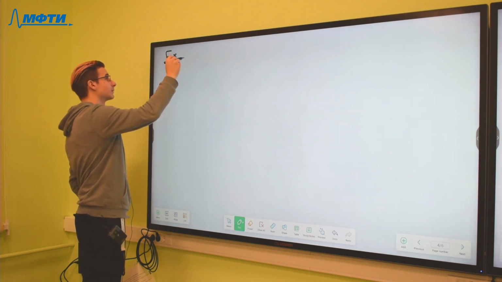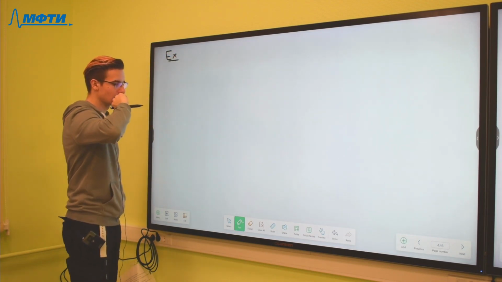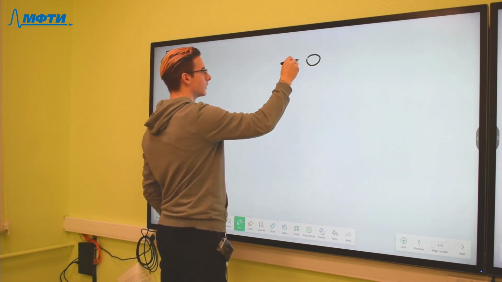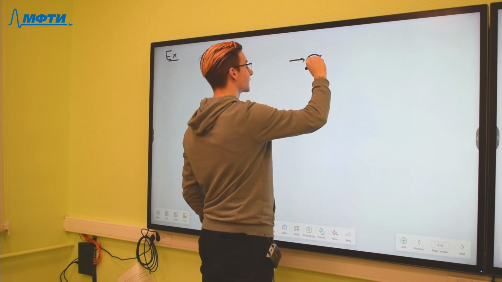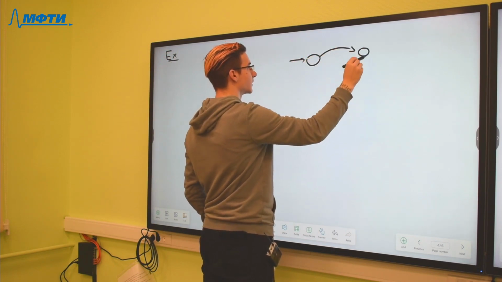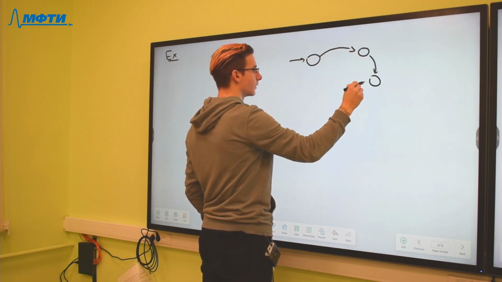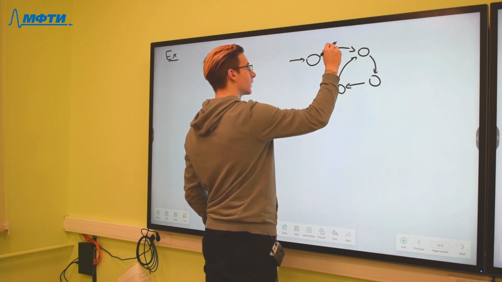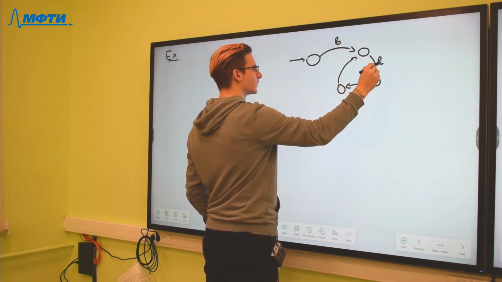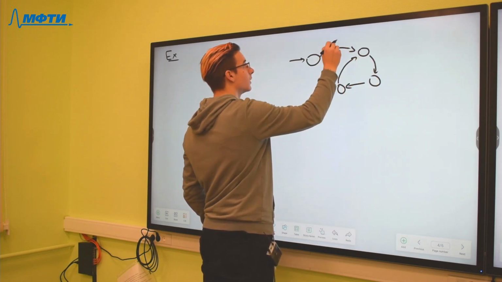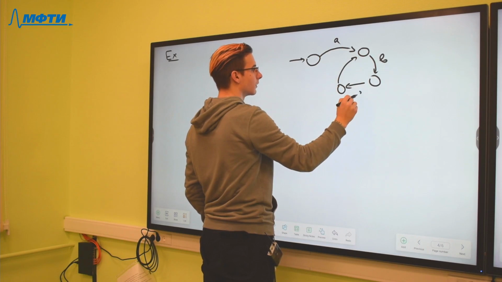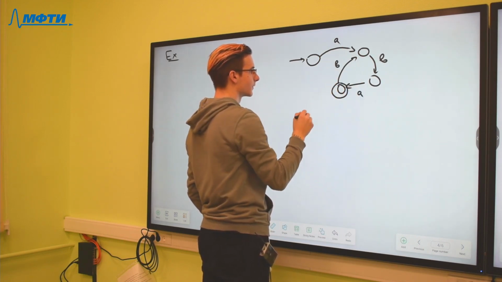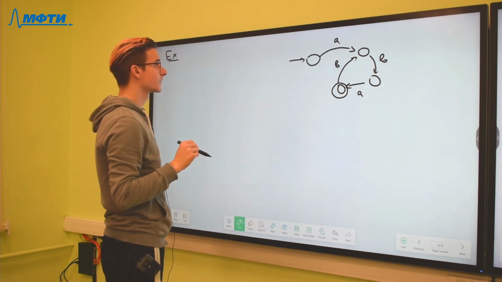For example, I can draw the same automaton as in the previous example, with A, B, A, B, where the final state is the start state.